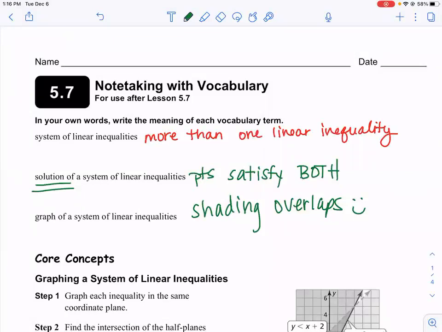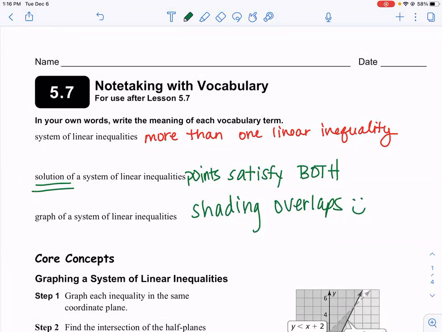Oh, points, I was lazy. Points, sorry. So if a coordinate satisfies both of them, it's a solution. Okay, and we're going to notate that graphically by shading.